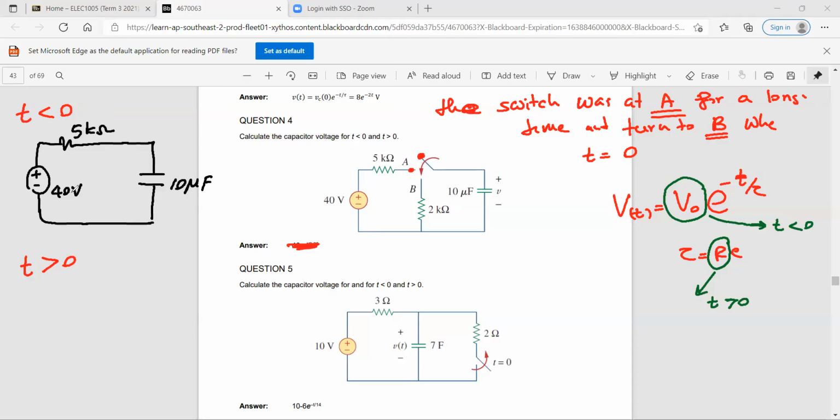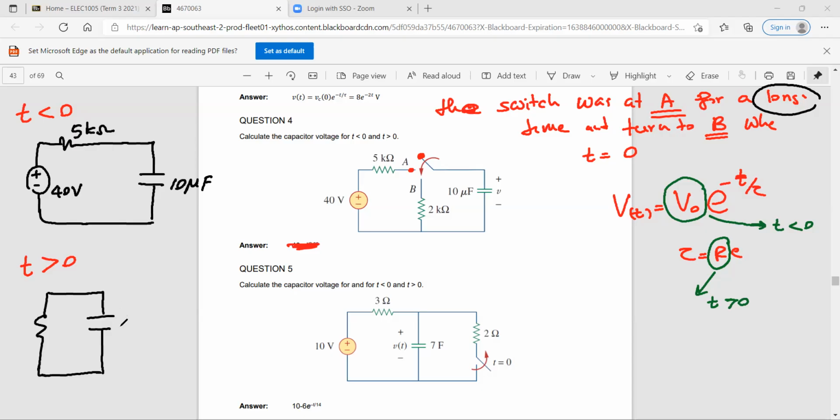And when the time is more than 0, what is happening? The switch is at B. Now what is your circuit? So does that mean the voltage is now switched off, but the capacitor is charged? Yes, the switch was at A for a long time, so the capacitor will be fully charged.